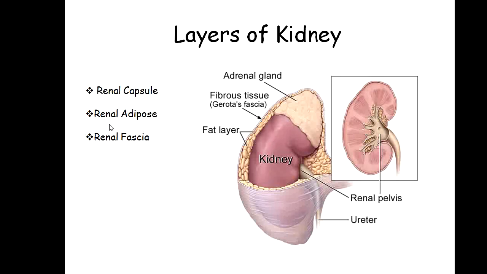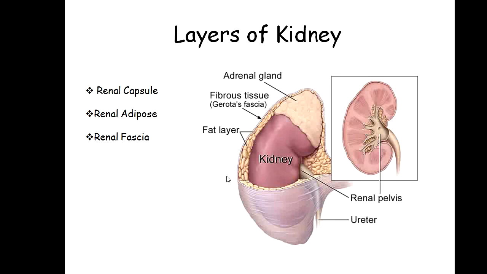The third layer is the renal fascia. This thin layer encloses both the kidney and the adrenal gland, and it is a fibrous layer. This is a very strong layer.